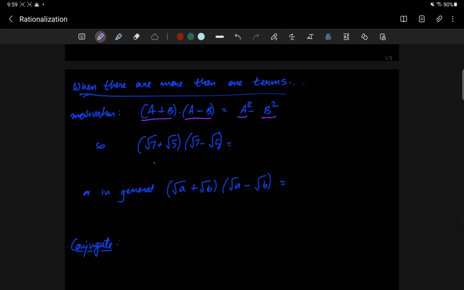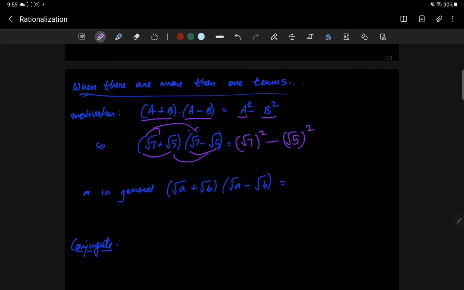You use this motivation on radical numbers. So if I have root 7 plus root 5 times root 7 minus root 5, by this identity, this is going to be root 7 squared minus root 5 squared, which is helpful. Why?